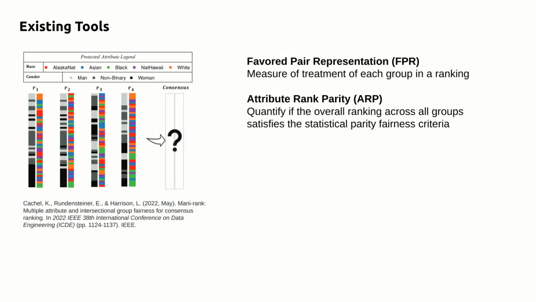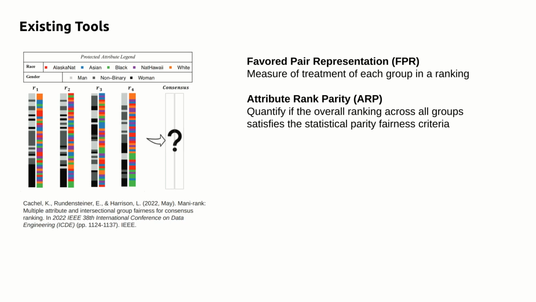One of the recent works in this field is the work by my colleagues Cachel et al., which introduces metrics and algorithms to aid decision makers combine multiple stakeholder rankings into a fair consensus ranking. Two of the metrics introduced are the FPR and the ARP scores.